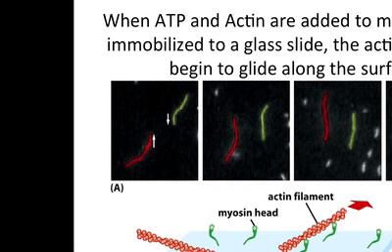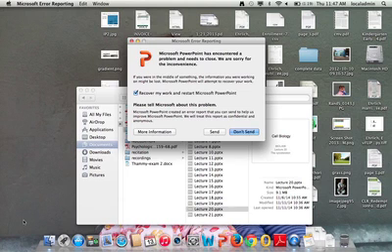And so since they're moving like this, they're going to slide that actin around on the glass slide. And so here what they did is they were showing the movement of two different actin filaments. And so if you follow it over time, you can see it's here, then it's here, then it's here, and so on. The ATP is required for myosin function.